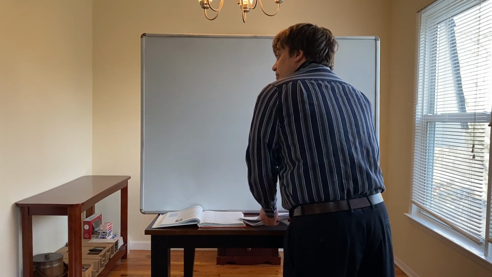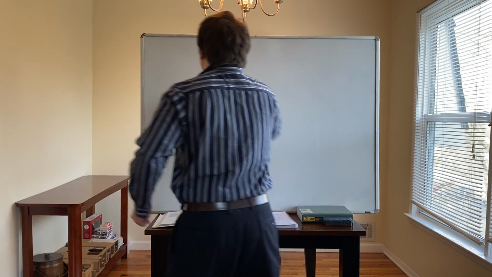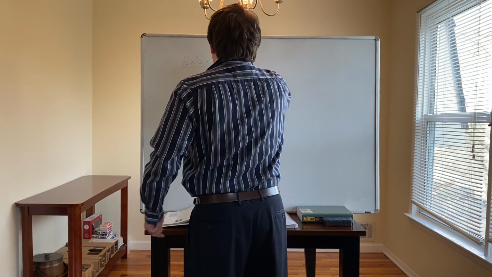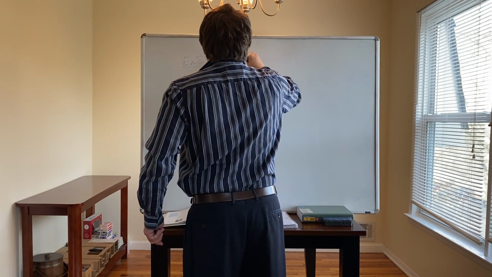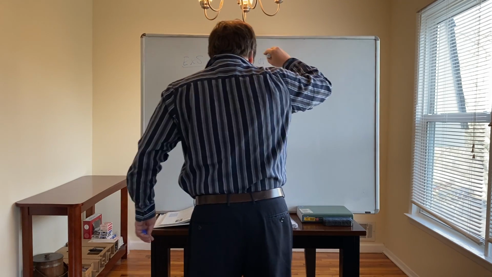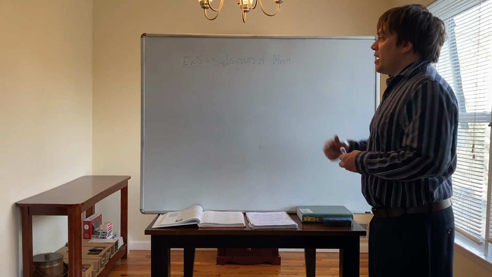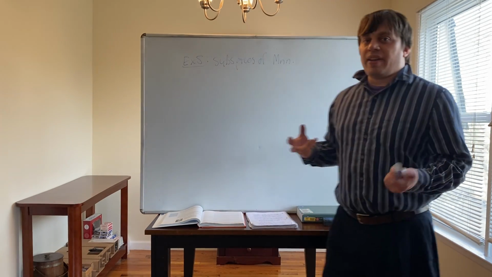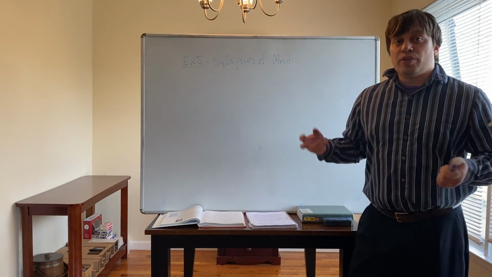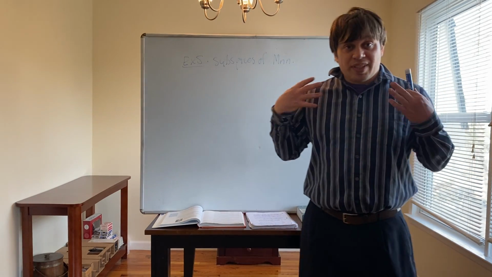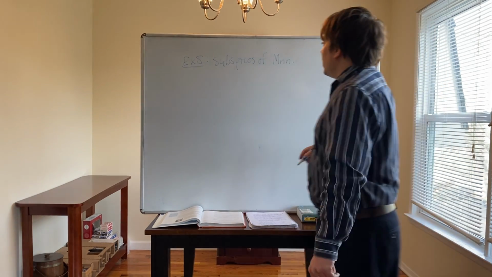Okay, so example 5 in this section. We have subspaces of M sub nn. Okay? M sub nn is the vector space of n by n matrices using usual matrix addition and usual matrix scalar multiplication. Okay?